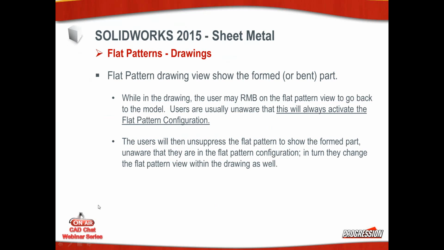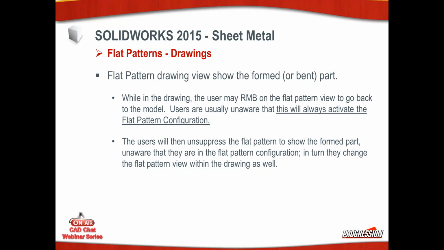Now, we get a lot of calls for issues with the drawings, the flat patterns not showing up. In the view that's supposed to be showing the flat pattern, all of a sudden it starts showing the formed or the bent part.